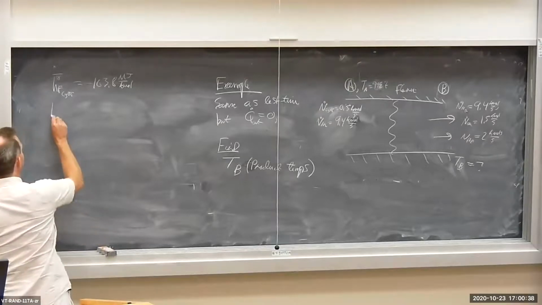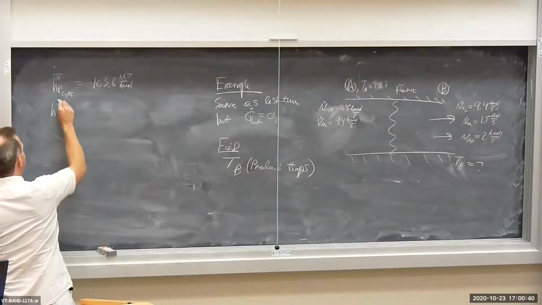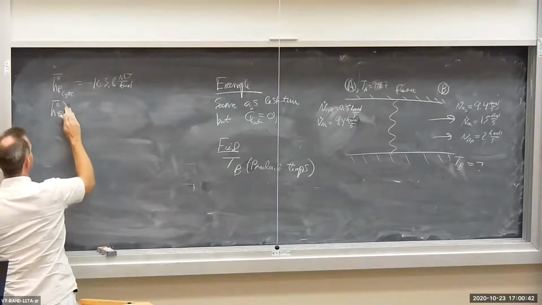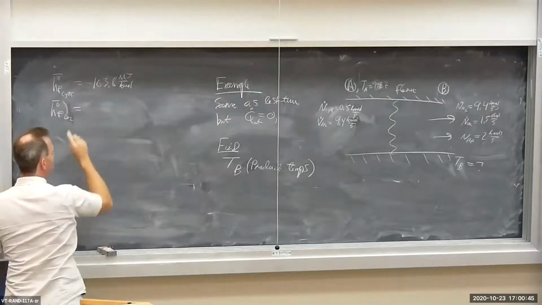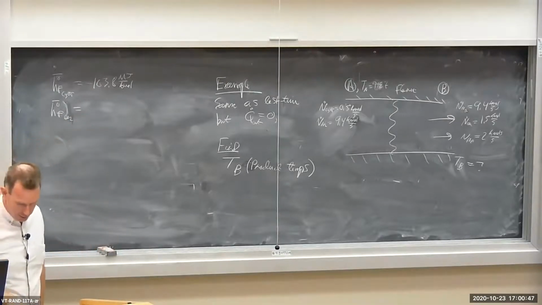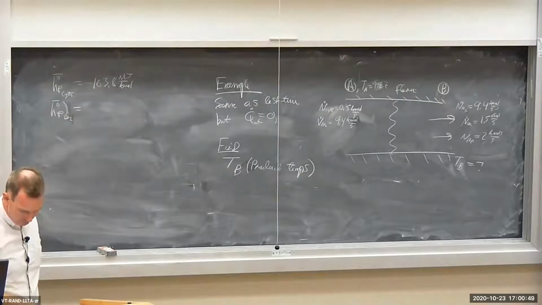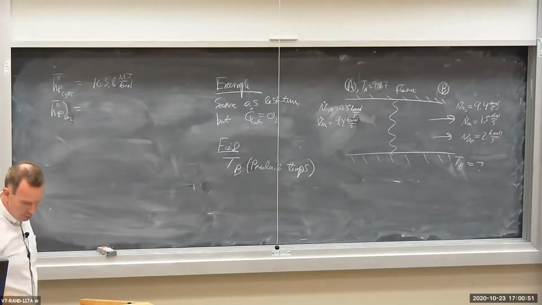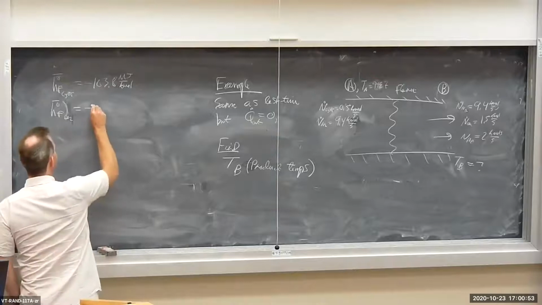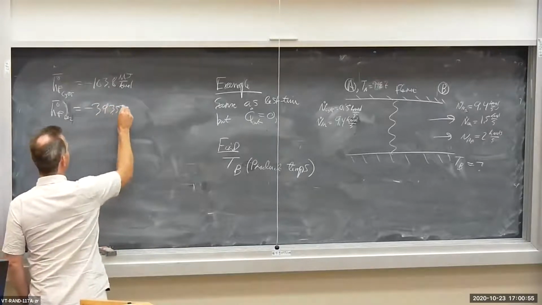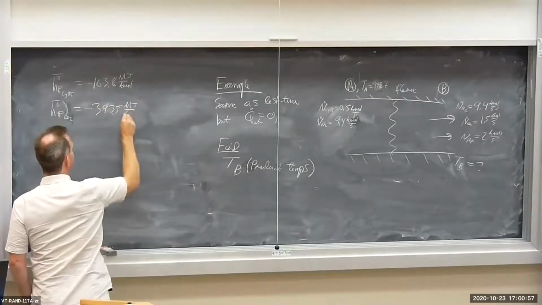And the enthalpy of formation for CO2, let's see here, that is negative 393.5 megajoules per kilomole.